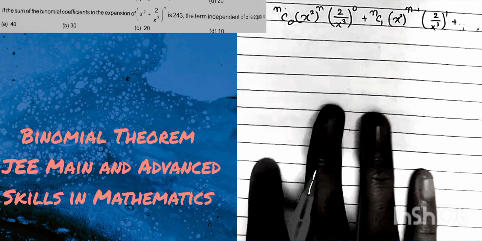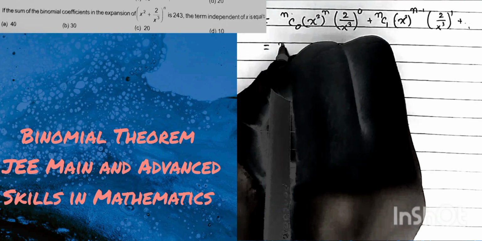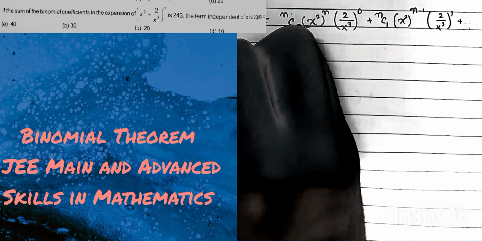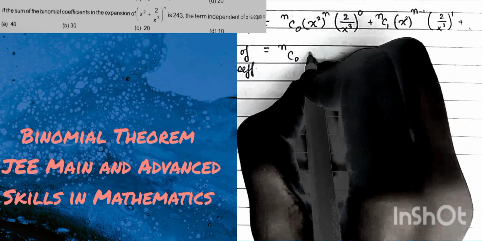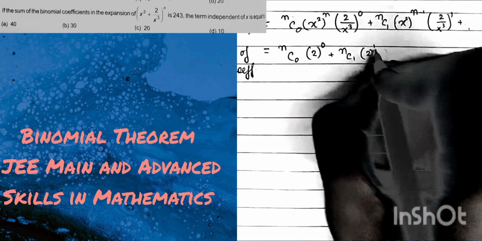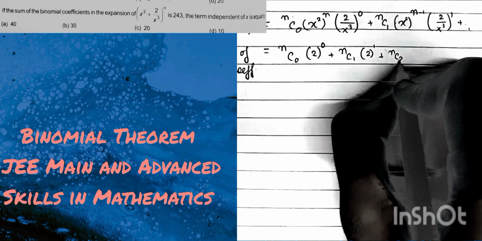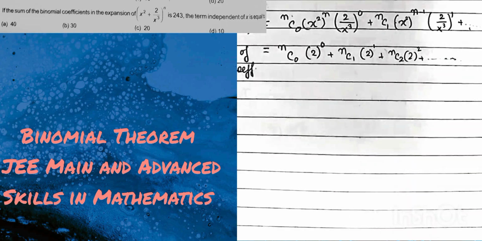We want to find the sum of these coefficients, which looks like nC0 2^0 plus nC1 2^1 plus nC2 2^2, and this goes on and on.